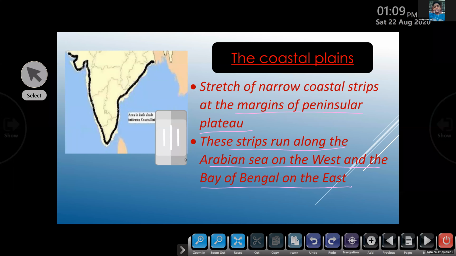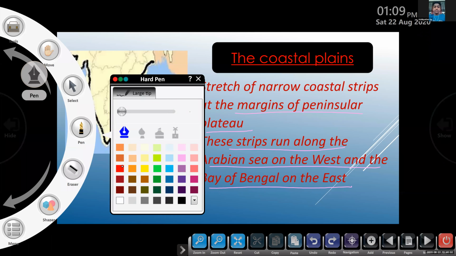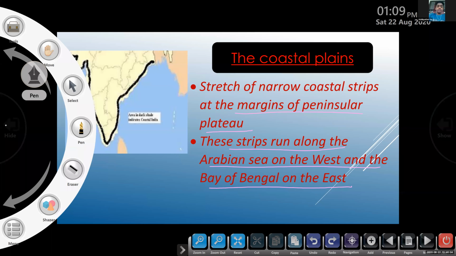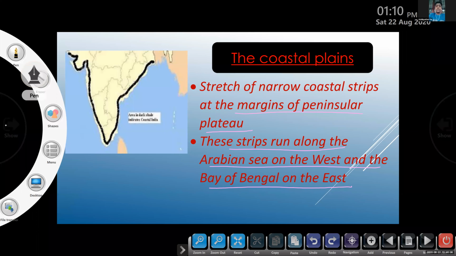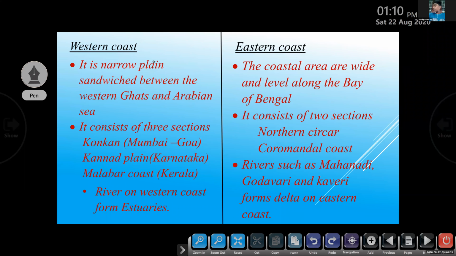Then let us see what are the features of coastal plains. This is a comparison between western coast and eastern coast. I hope you understood where it is, right?